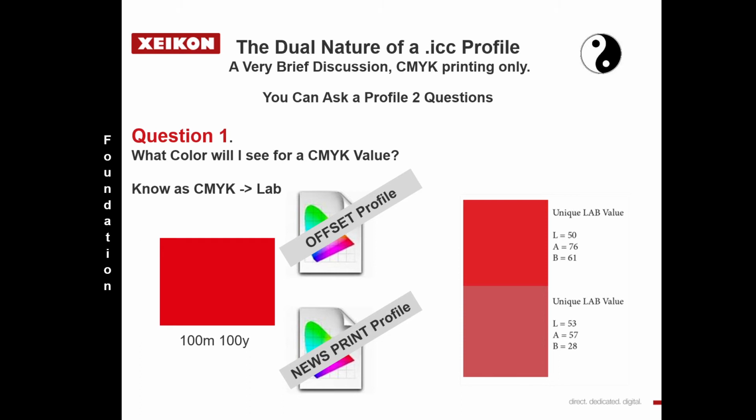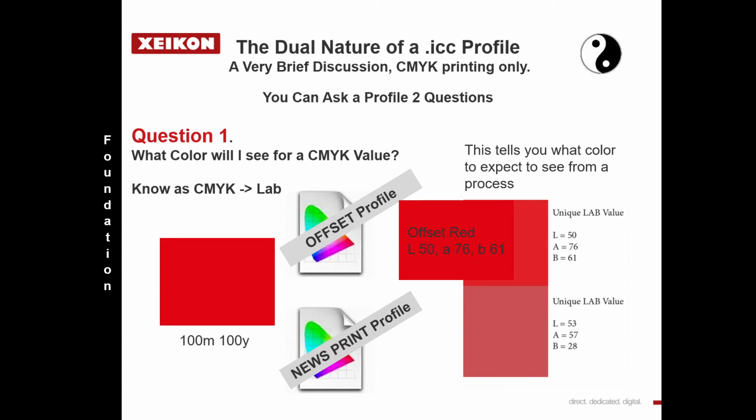So that's question 1. And we can think of that as CMYK to LAB or CMYK to color. So if we take our offset, we see there we have 3 numbers, and those 3 numbers represent that process color of red printed on that glossy paper.